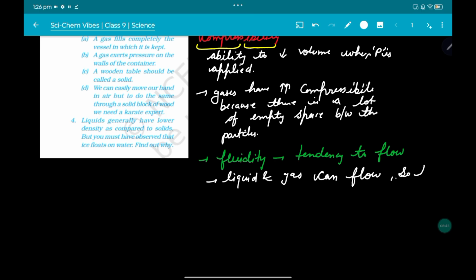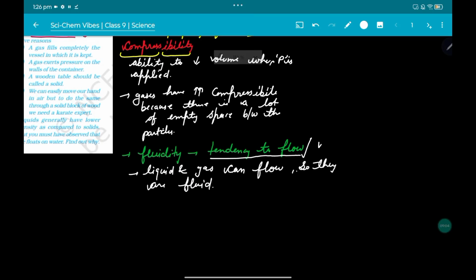So they are fluid because both have the tendency to flow. That's why we call it a fluid. Or we can say tendency to flow or ability to flow.